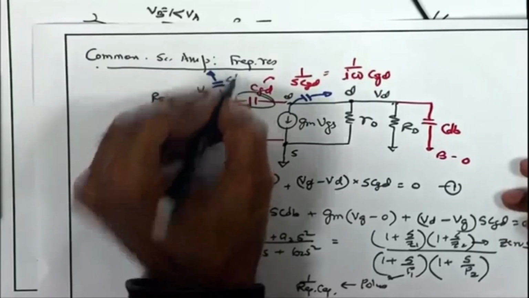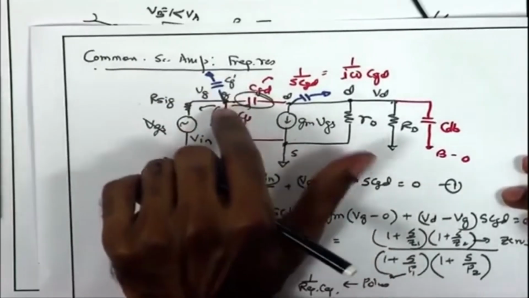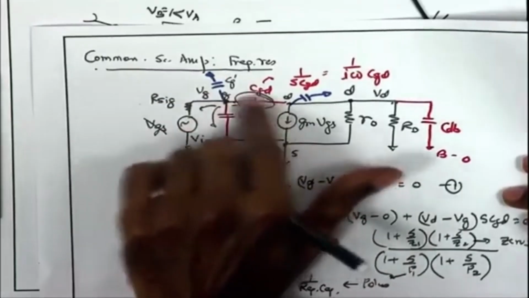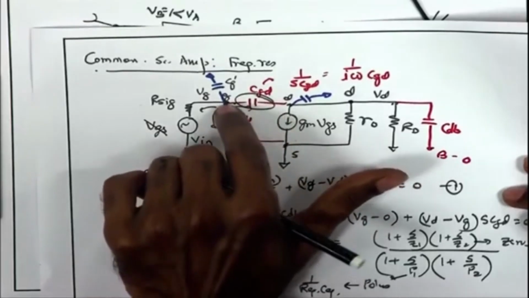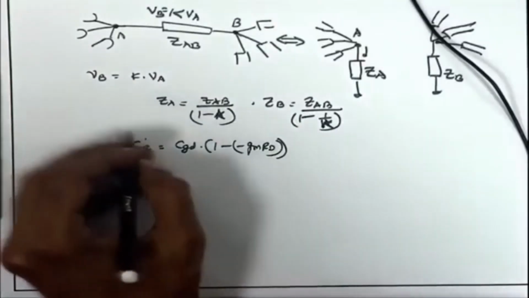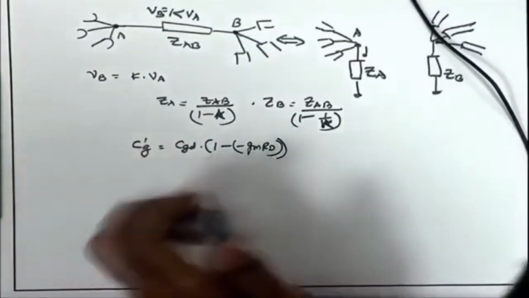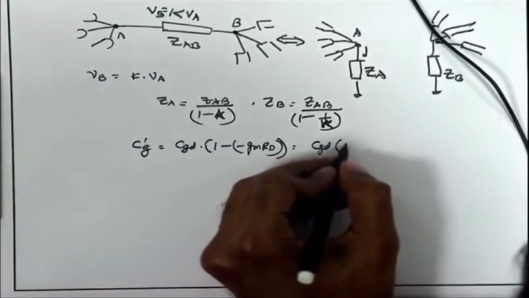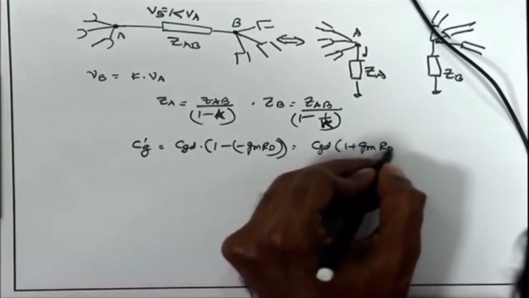I am calling this CG dash, the blue capacitor, the equivalent capacitor obtained by splitting this CGD into a capacitor between gate and AC ground, and that CG dash is just going to be CGD times 1 plus gm RD.